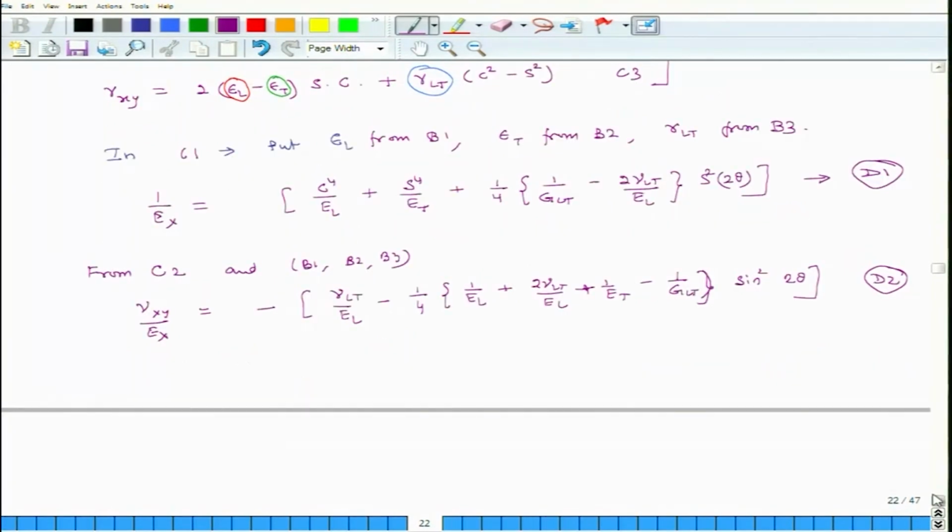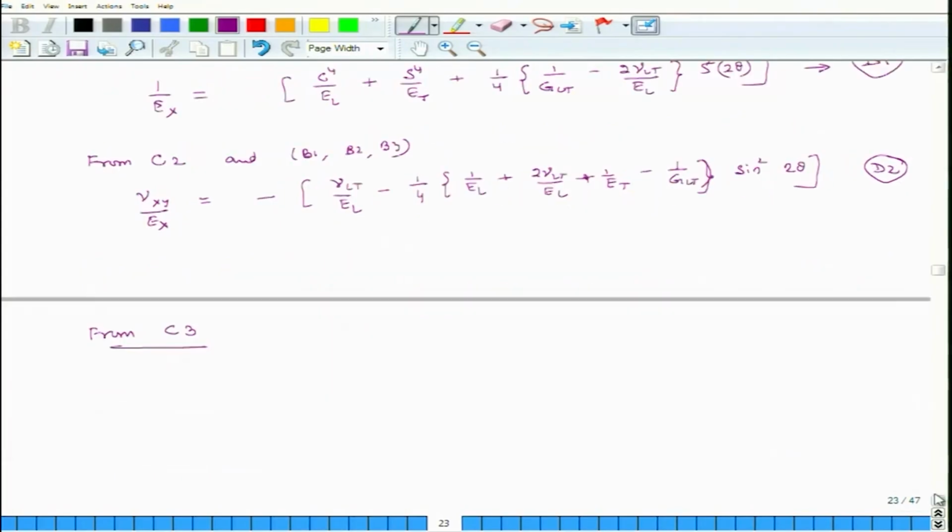We do the same thing, and from C3 we get gamma xy is equal to minus sigma x sine 2 theta times this whole long term: nu LT divided by EL plus 1 over ET minus 1 over 2 GLT minus cosine square theta in brackets 1 over EL plus 1 over ET plus 2 nu LT divided by EL minus 1 over GLT.